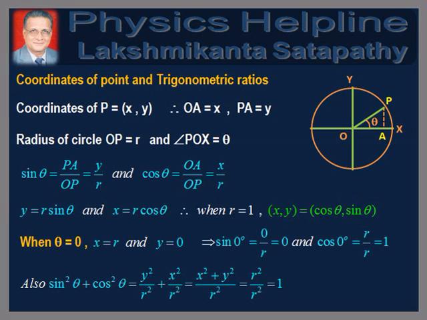Therefore, sin 0 is equal to 0 by r, which is equal to 0, and cos 0 is equal to r by r, which is equal to 1. Also, sin square theta plus cos square theta is equal to y square by r square plus x square by r square, which is equal to r square by r square, which is equal to 1.